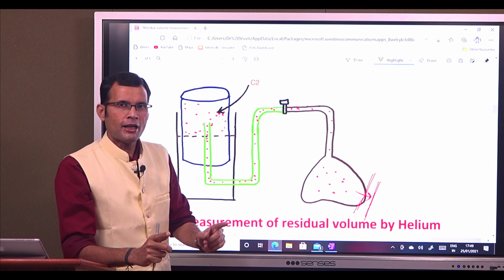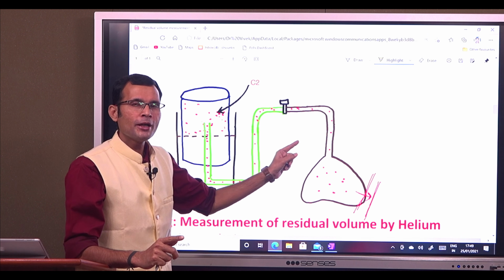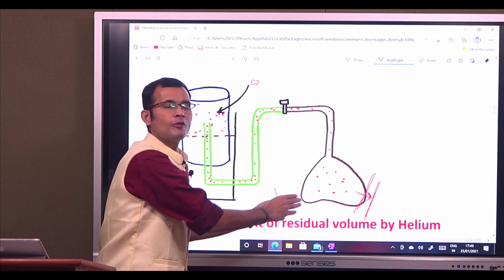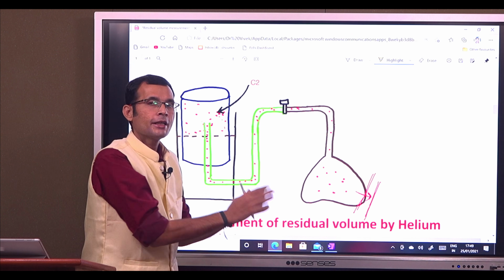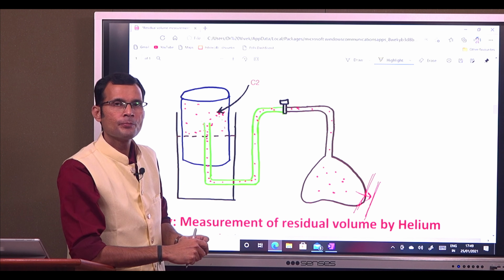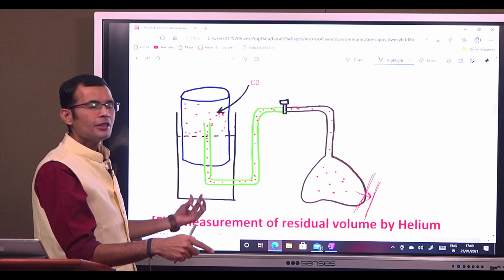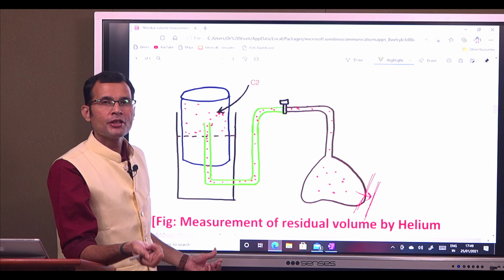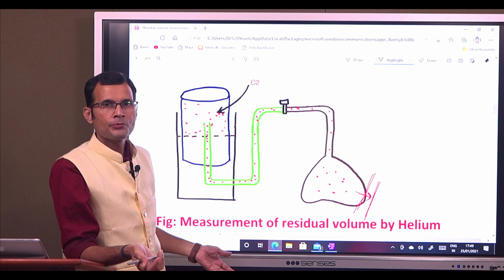When we open the valve, at that particular moment, what was the volume of the lung? If it was residual volume at which we started the procedure, then the lung volume that we are measuring is the residual volume.